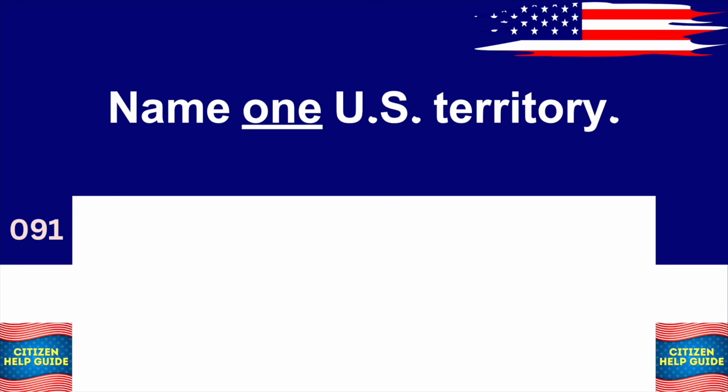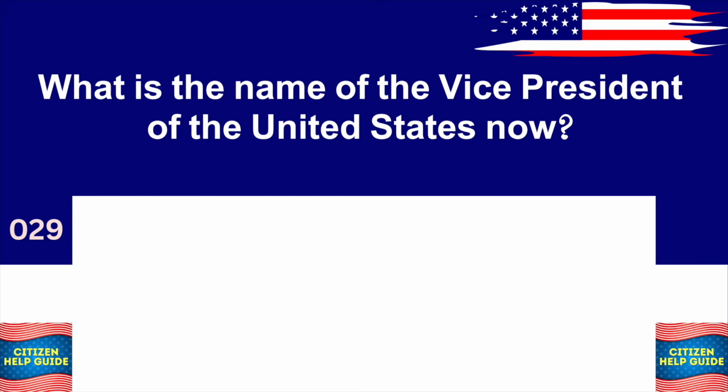Name one U.S. territory. Guam. What is the name of the Vice President of the United States now? J.D. Vance.